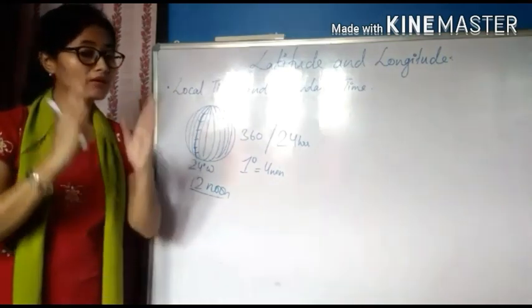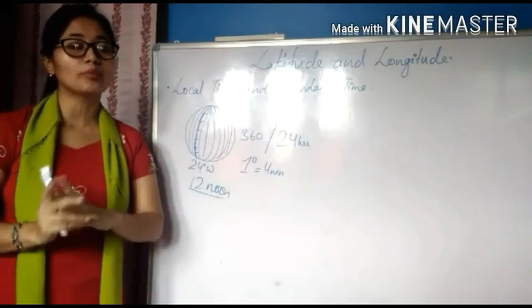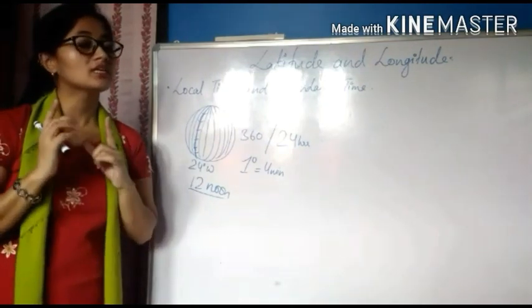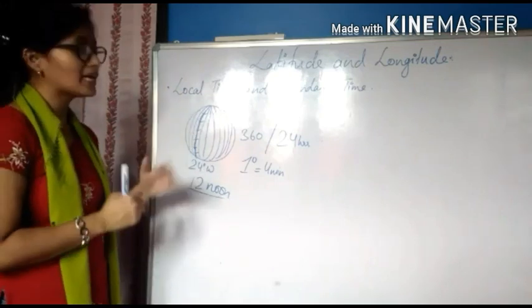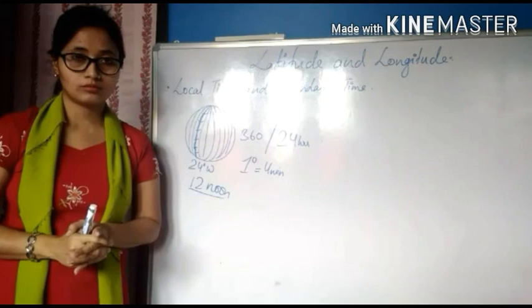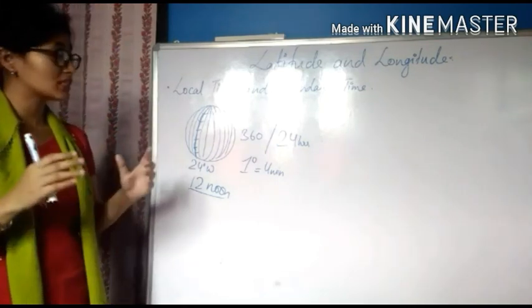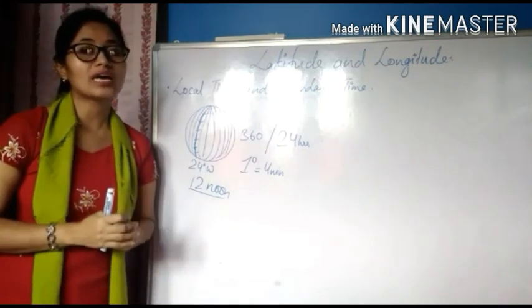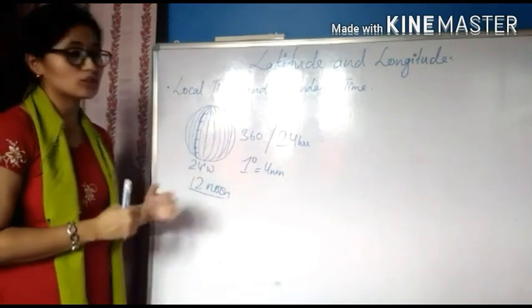So the local time of a meridian is decided by the movement of the sun. When the sun is overhead on any meridian, the local time of that place is 12 noon. And the local time of a place is always calculated with the help of longitude.